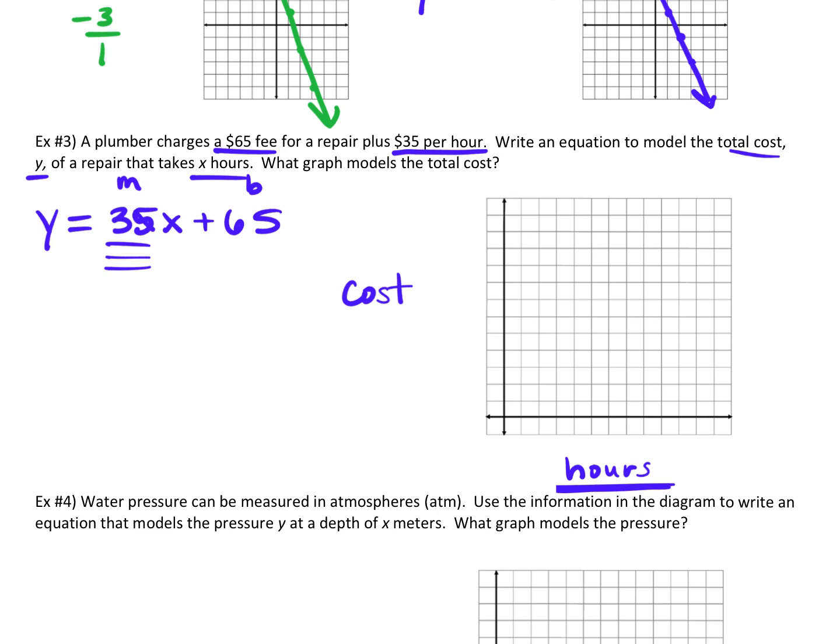In my head, the thing that makes the most sense is to count on your y by your slope, right? This is saying go up 35 and over 1. So if I count by 35s here, that's great.